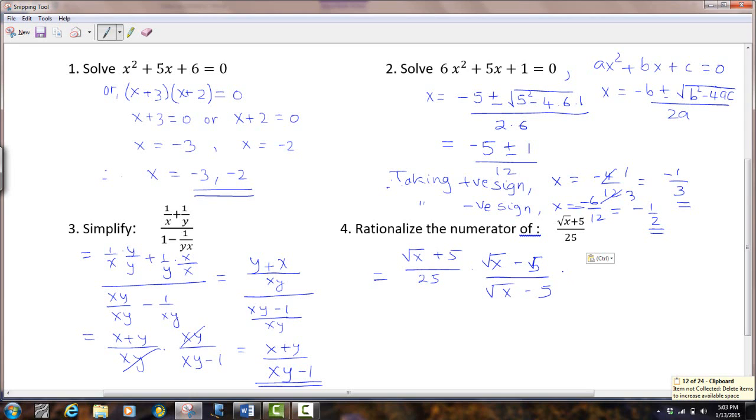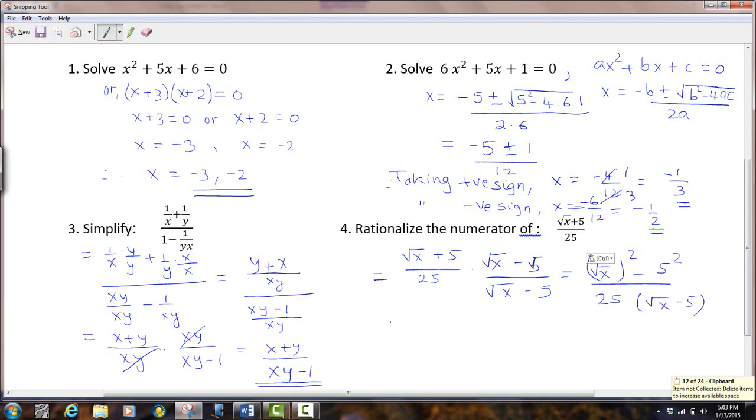And this is equal to, I want to multiply in the numerator. Here is square root of x plus 5 and here is square root of x minus 5, and when you multiply these two factors you get square root of x whole squared minus 5 squared, divided by, in the denominator, 25 times square root of x minus 5.